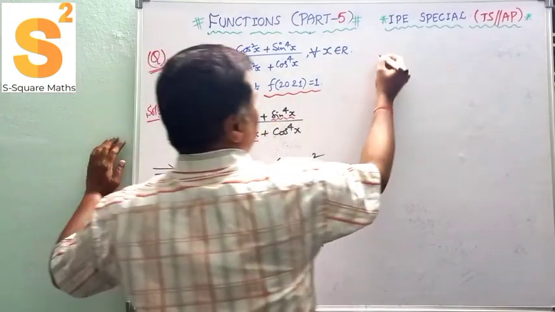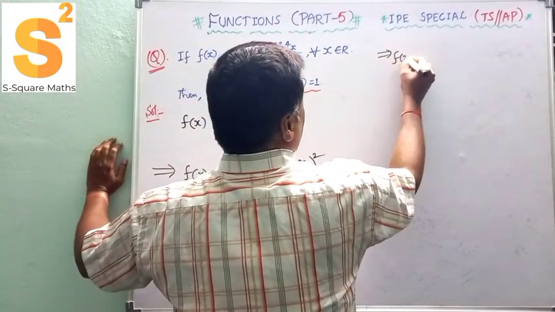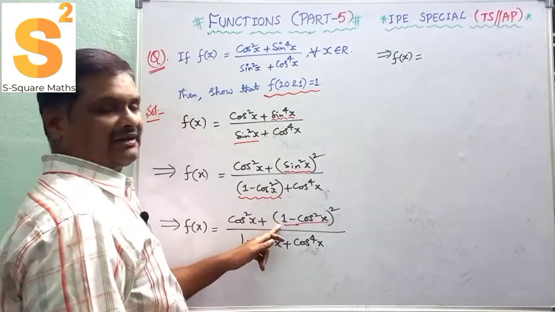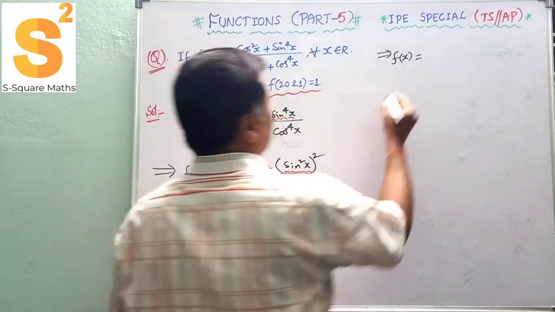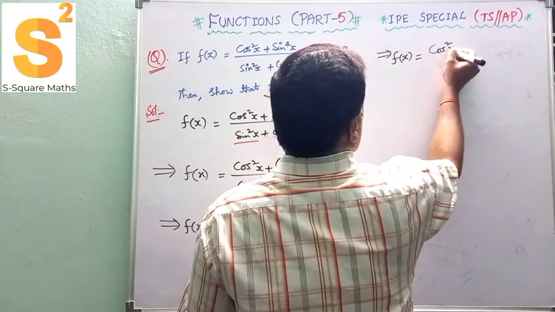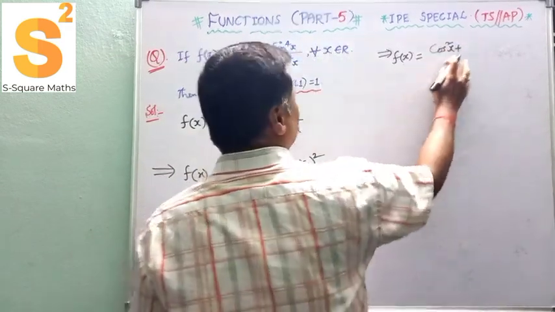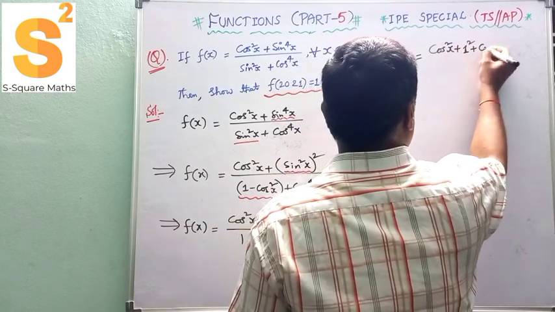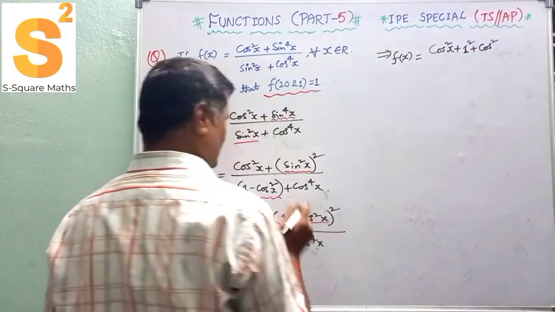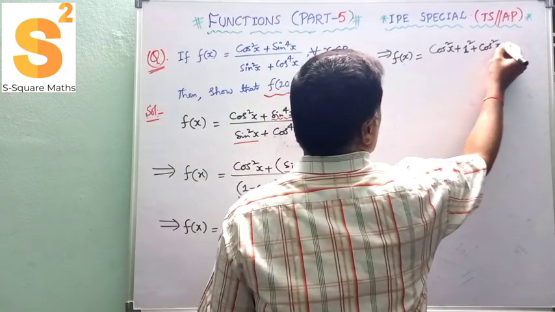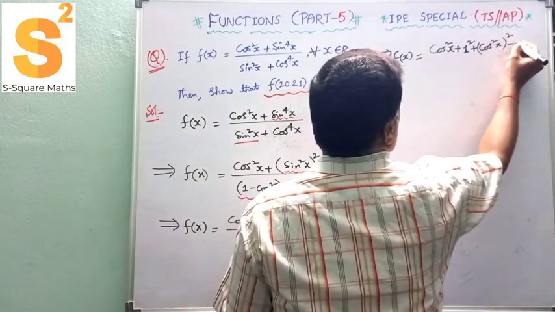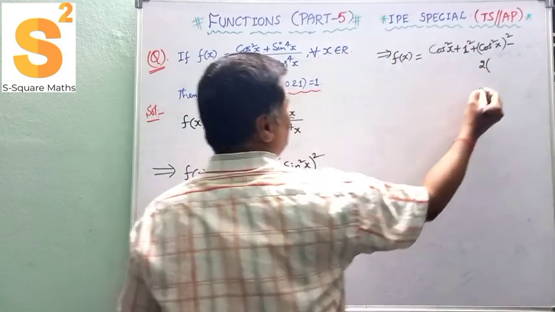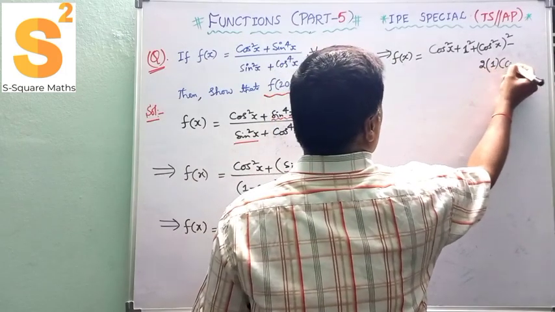So f of x is nothing but cos square x plus, expanding in the form of a minus b whole square, which is a square plus b square minus 2ab. Here a is 1 and b is cos square x.